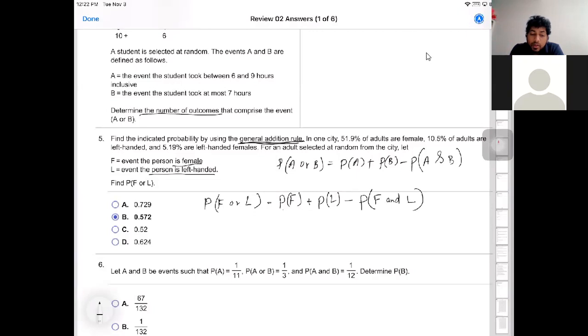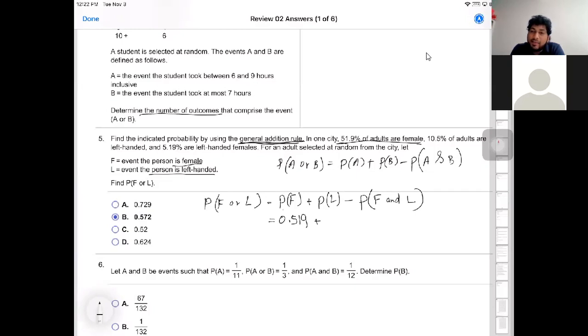So 51.9%, which means in probabilities 0.519. Okay, clear? So female probability, which means event F, probability of event F is equal to 0.519. Clear? So what is L? Left-handed.